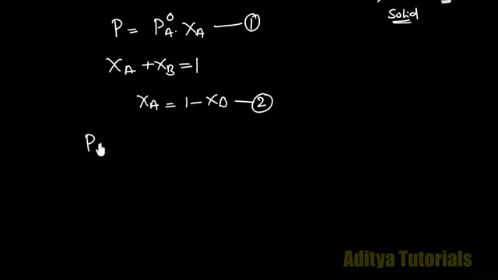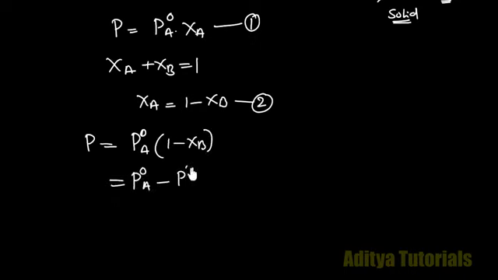The total pressure P is equal to, we get here P naught A, the xi A value is 1 minus xi B. Okay, so then in the next step, P naught A minus P naught A into xi B. Xi B is mole fraction of solute. This term I will take on the other side. It becomes P minus P naught A is equal to minus P naught A into mole fraction of solute.